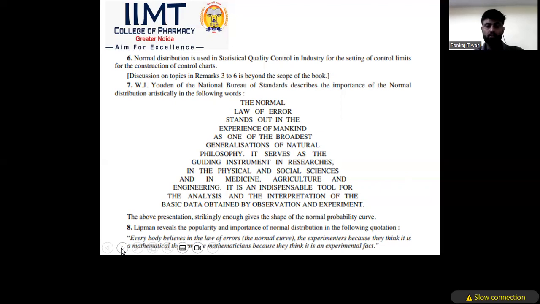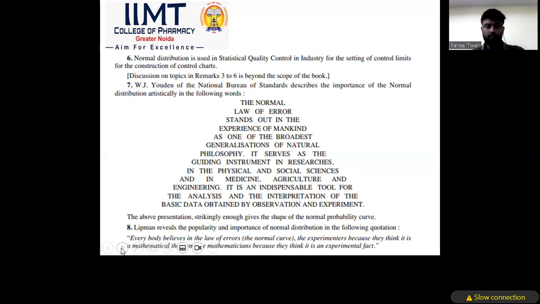This is the graph of the bell shaped normal distribution, and the shape of the normal probability curve helps reveal populations involving the normal distribution.